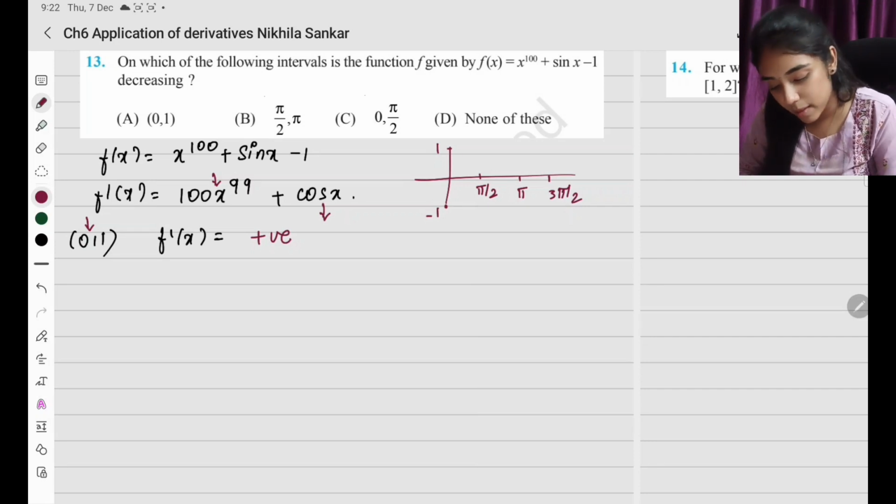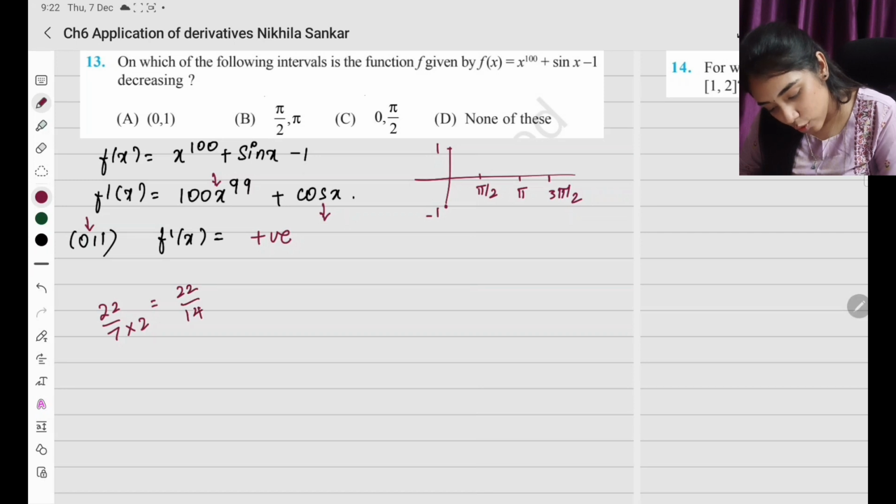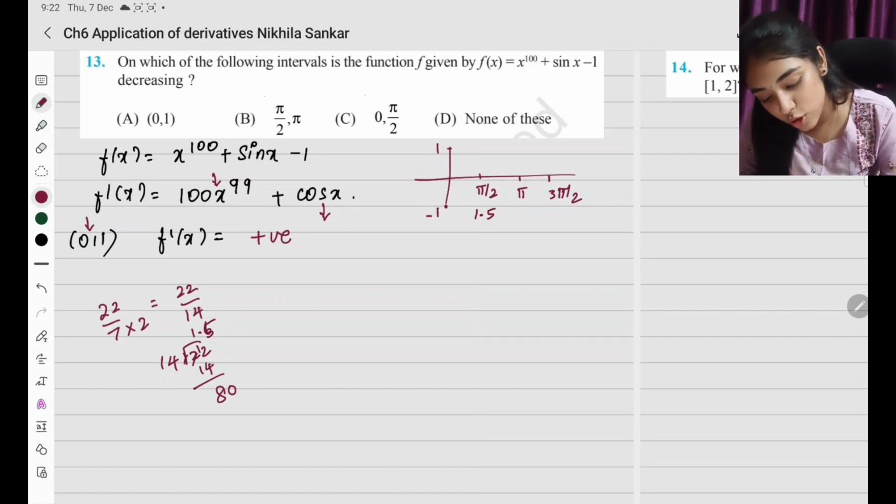Pi by 2 is 22 by 7 divided by 2, which is 22 by 14, which is around 1.5. So basically pi by 2 is around 1.5. If we take 0 to 1, the values are from here to here.